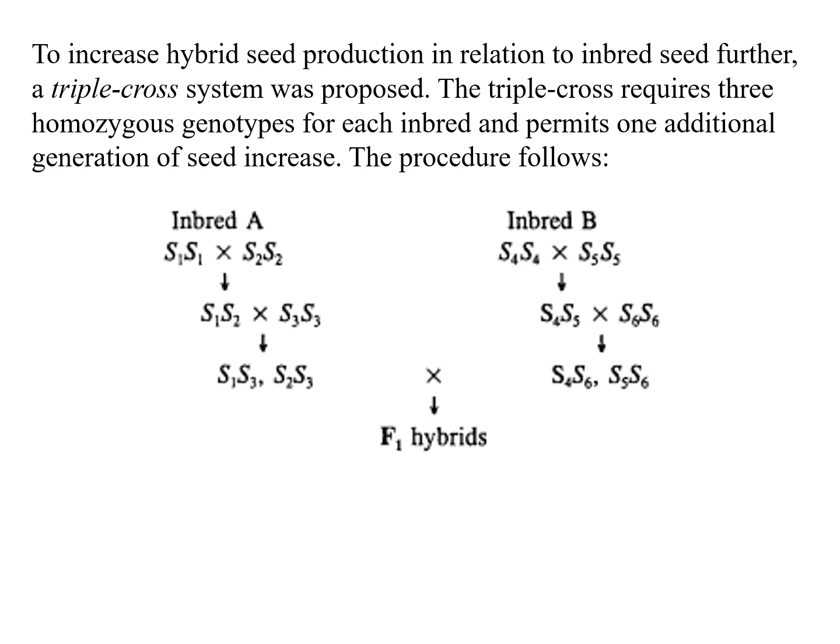Then we cross it with S6S6 and produce S4S6 and S5S6. Then we cross again S1S3 and S2S3 from one side with S4S6 and S5S6 from the other side to produce the hybrid that we need. In this case, we are expecting to produce more and more seeds. By this, we are ending part 1 of chapter 7, and I will go to part 2.